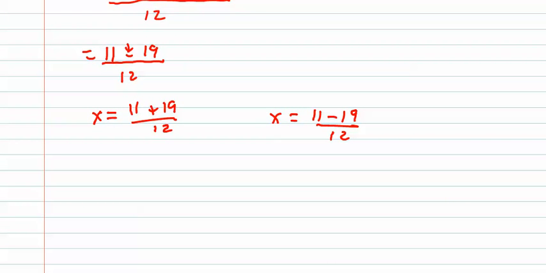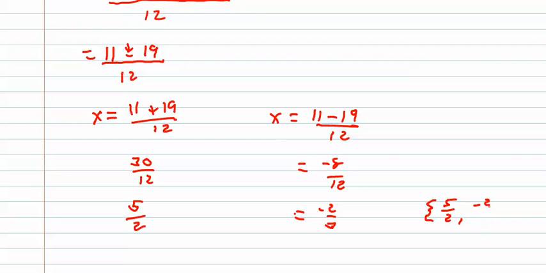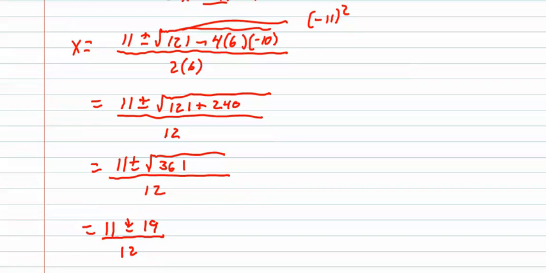This is 30 over 12. I can divide each of these by 6, and I get 5 halves. 11 minus 19 is negative 8 over 12. Divide by 4, I get negative 2/3. So my solution is 5 halves and negative 2/3. And then we're done.